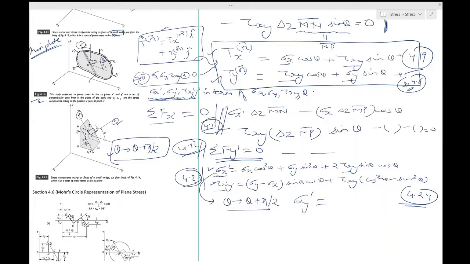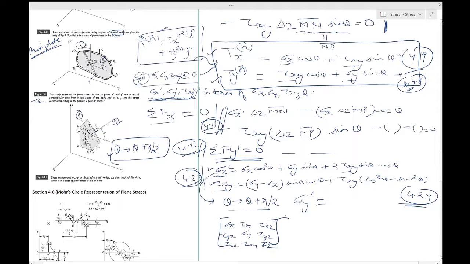Okay. So this gives you the answer, and this is one of the most powerful results which you have. If you know the stress components for all possible orientations of faces through the point in question, you say that you know the state of stress at the point. So if you know sigma x, tau xy, tau xz, sigma y, tau yx, tau yz, tau zx, tau zy, sigma z.